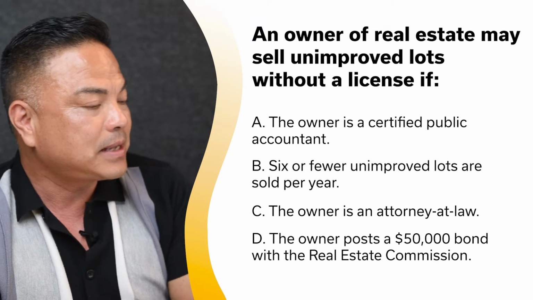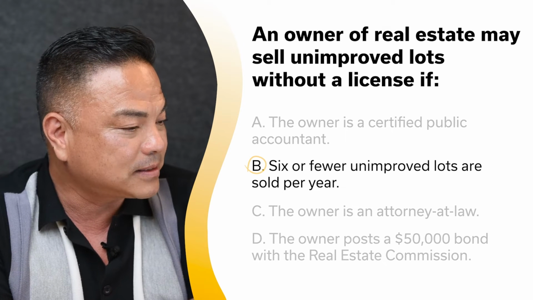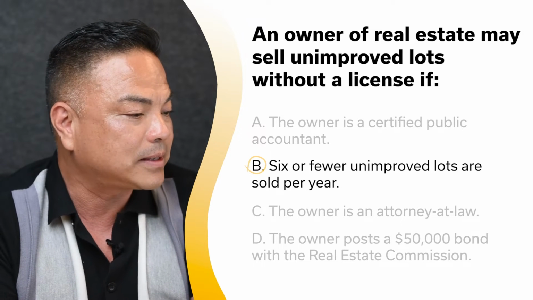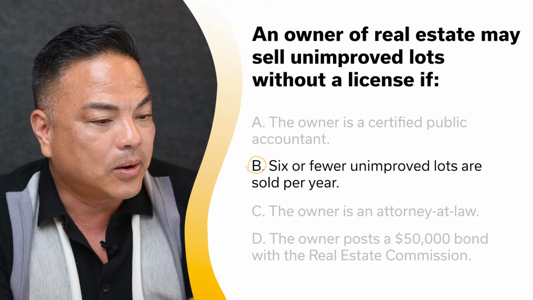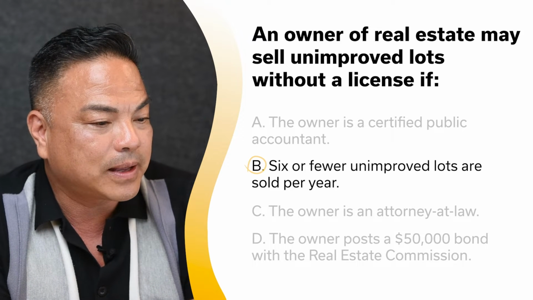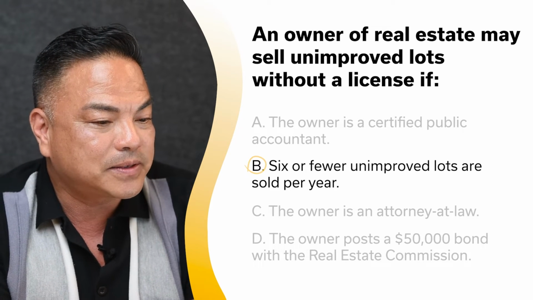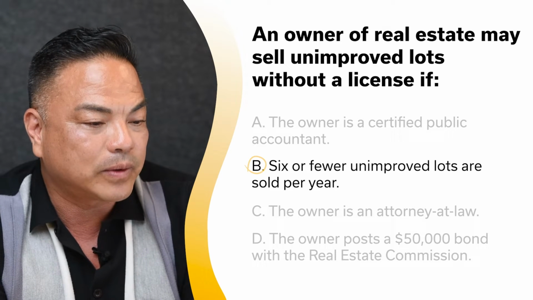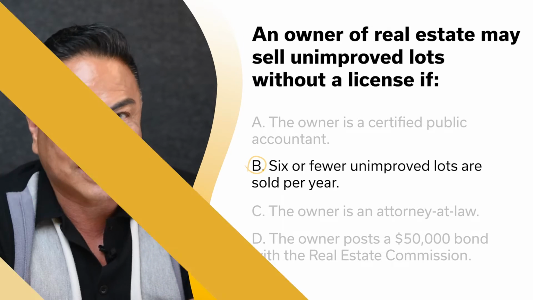And the answer is B as in boy, 6 or fewer unimproved lots are sold per year. An owner can typically sell property without a license, but the sale of 7 or more unimproved lots per year requires a license.